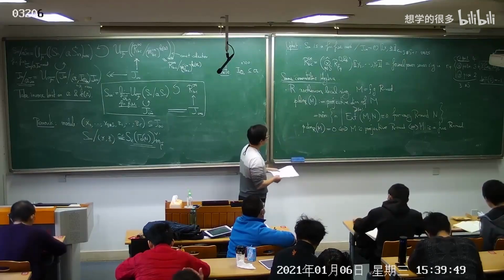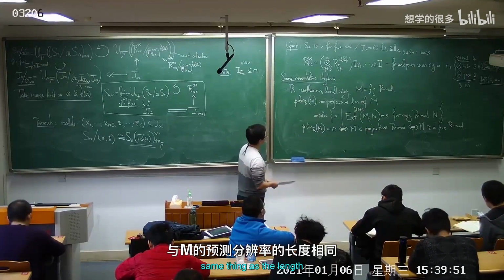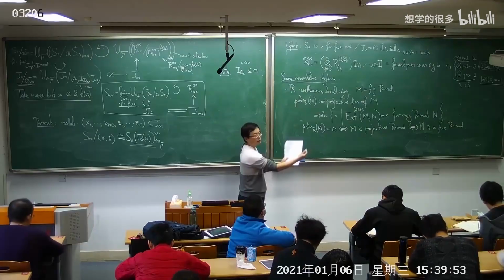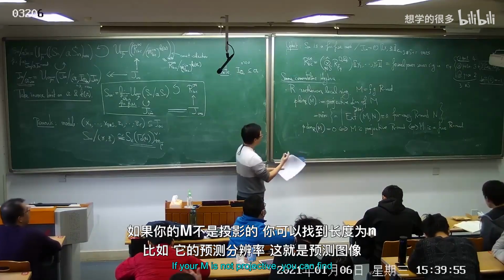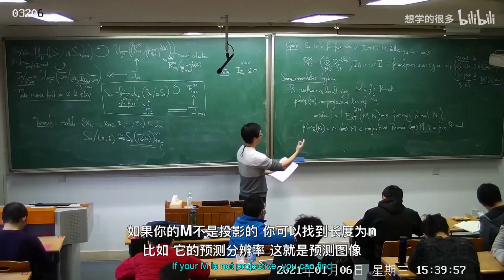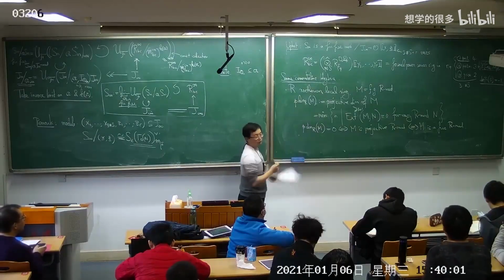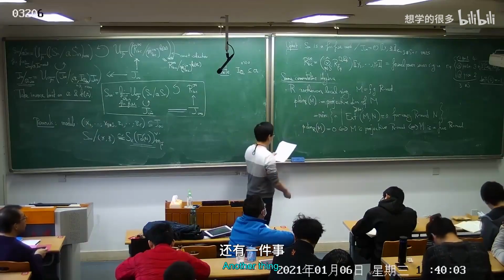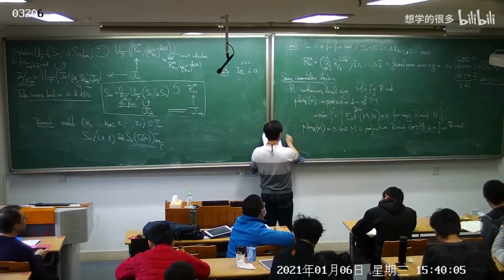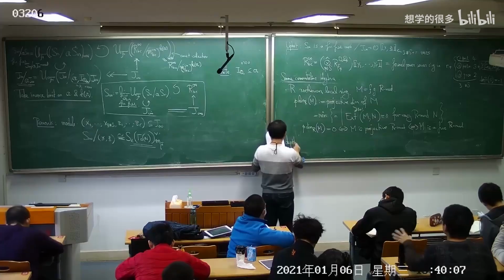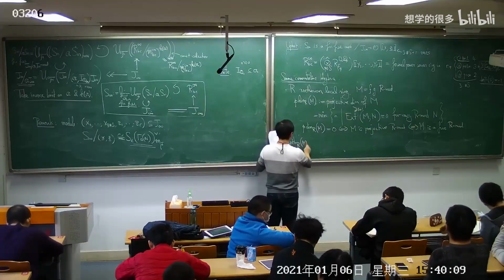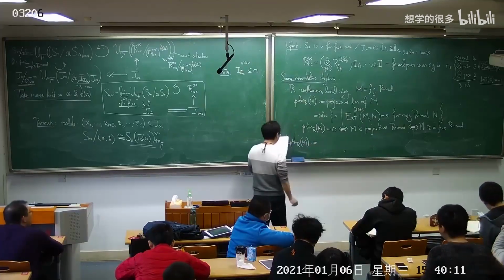And somehow, basically, this projective dimension is also the same thing as the length of the projective resolution of M. If your M is not projective, you can find the projective resolution of length, say n, then that's the projective dimension n. Another thing called depth.